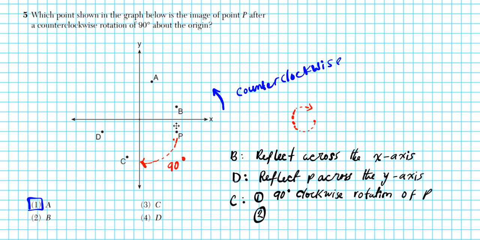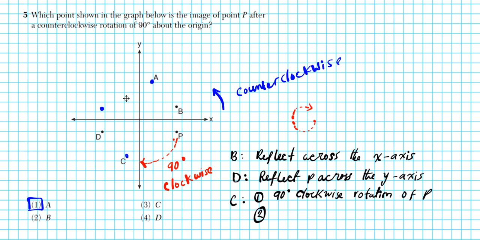The answer is yes. What if we carry out a 270 degrees counterclockwise rotation? What's going to happen? If you do a 90 degrees counterclockwise rotation, it takes you right here. If you do another 90, which is a total of 180, it takes you somewhere here. And then if you do another 90, it takes you right here.